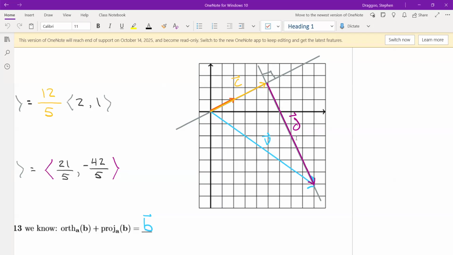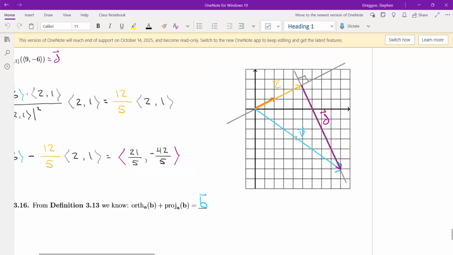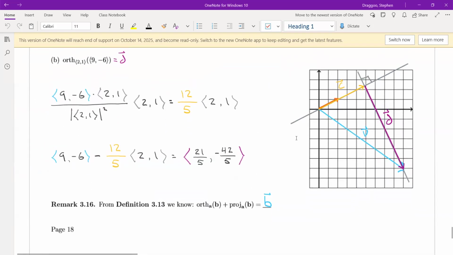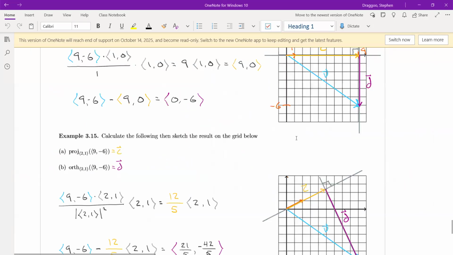These two projections make a lot of sense when we compare them to the vector we are projecting onto. The original projection is parallel to our onto vector, and the orthogonal projection is, of course, perpendicular to it.